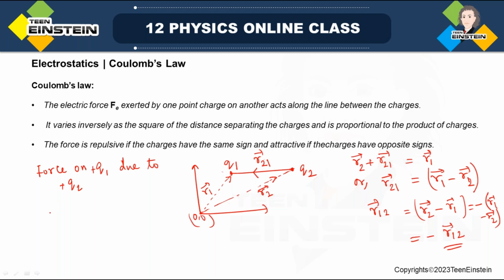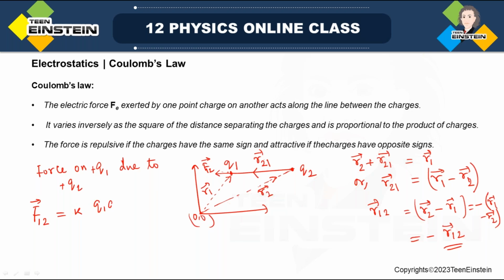So in this case, you look here, force will be in this way, right? Repulsive force, F12. So I should write, K is the constant, I'll talk about this.